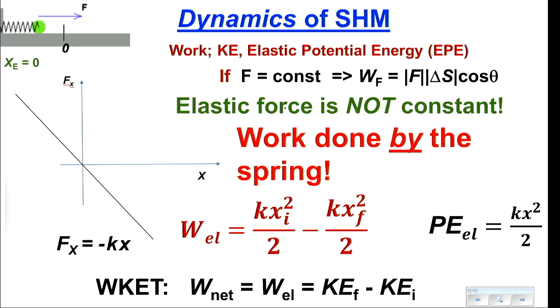Now, I am stretching this spring. The spring does work. A work is a number. For any number, we can have only 3 options. A number might be positive, 0, or negative.